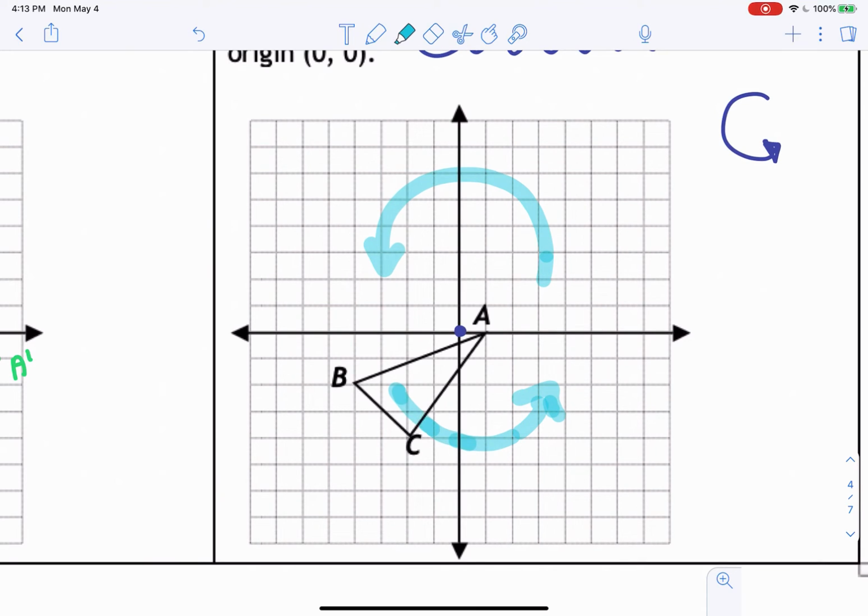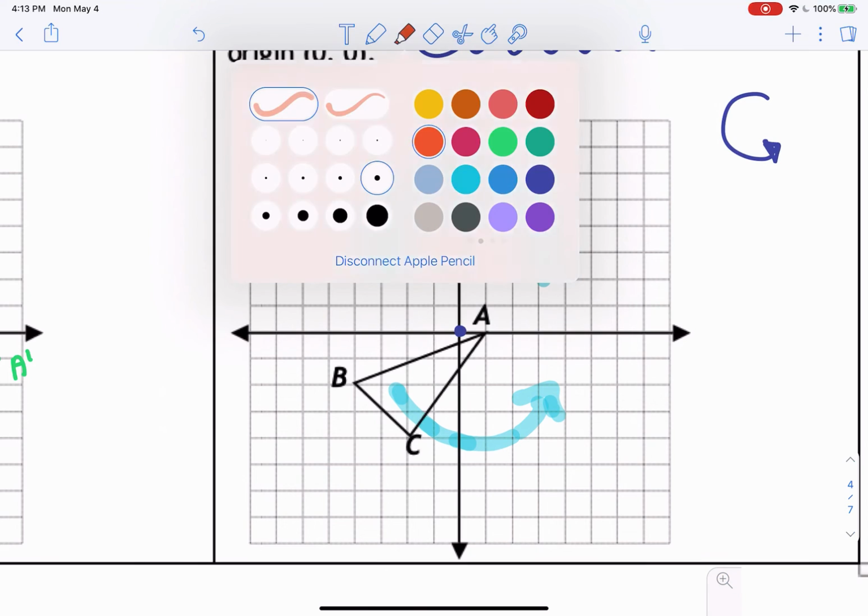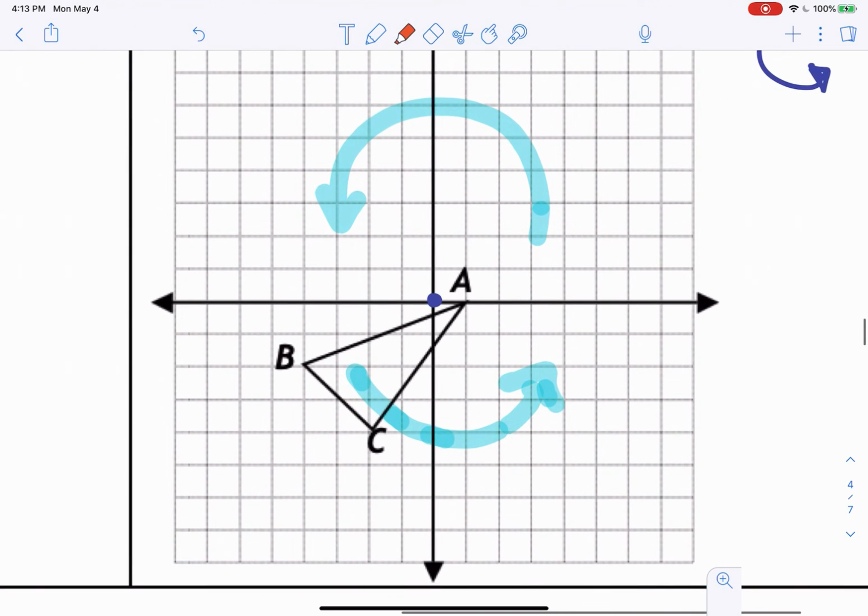And why don't we start with A? Since A is on an axis, we know that the 90 degree is just the next axis to the left. A was one space away, so it's going to be one space on that new orange line. This is going to be A prime.